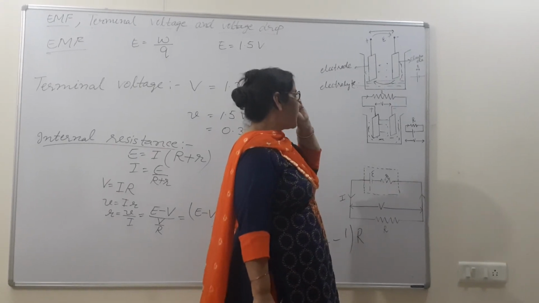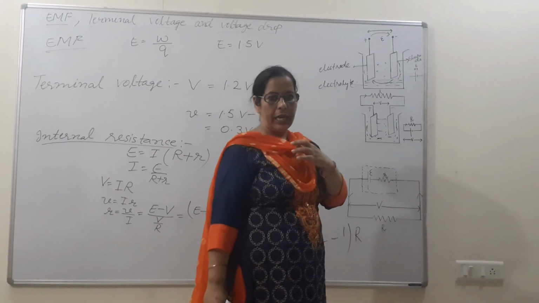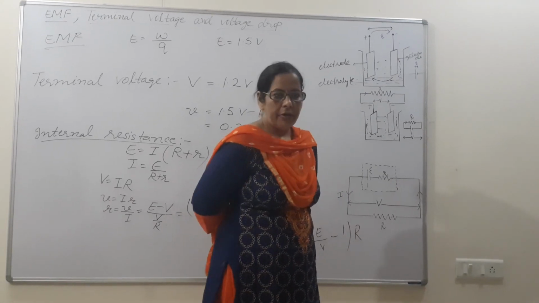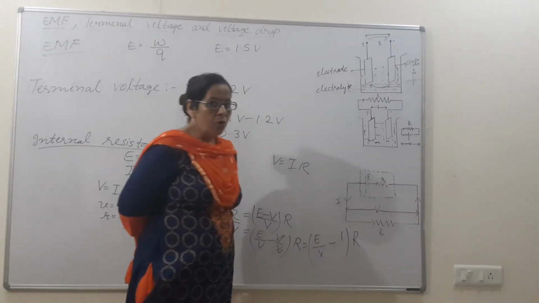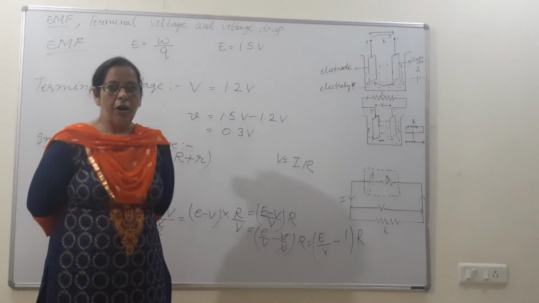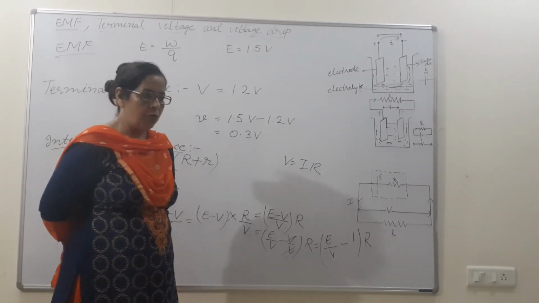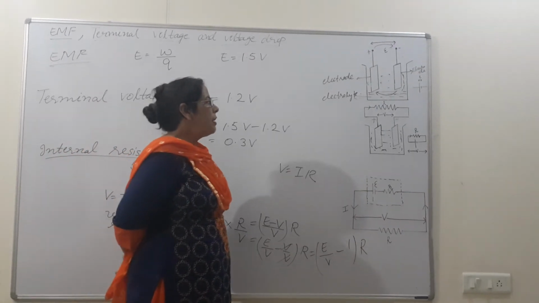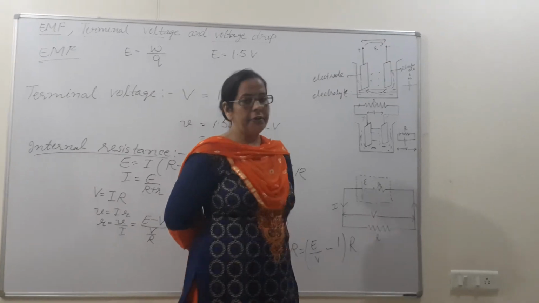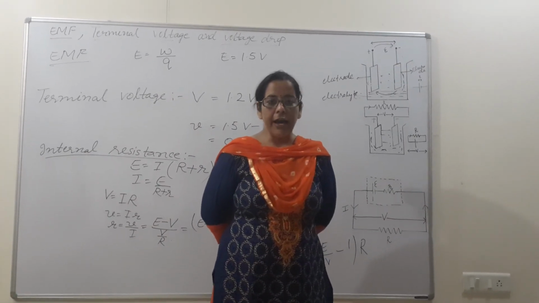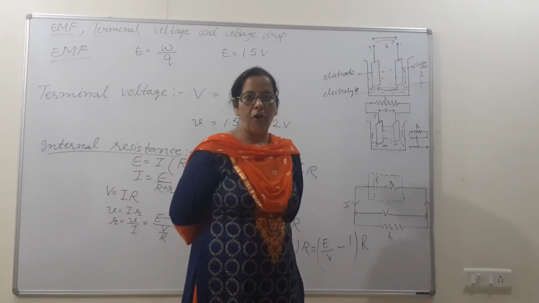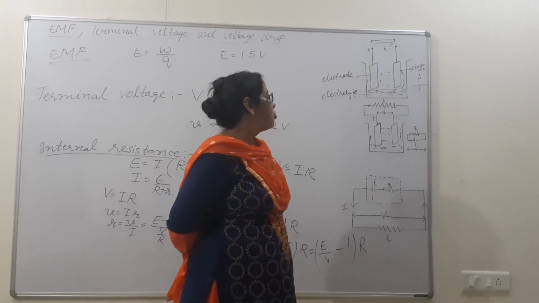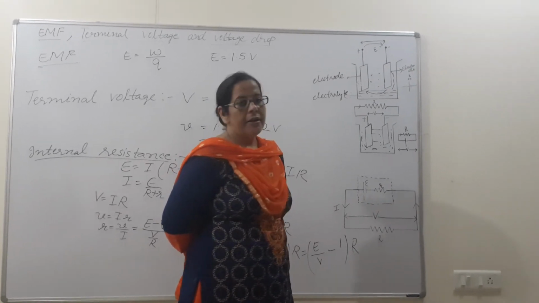Then the last factor is the temperature of the electrolyte. If temperature is more, the concentration of the electrolyte will reduce. And if the concentration of the electrolyte reduces, it means ions will get freedom for their movement, and so internal resistance will be less.